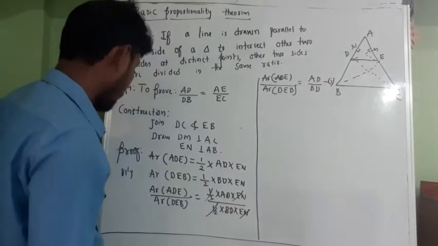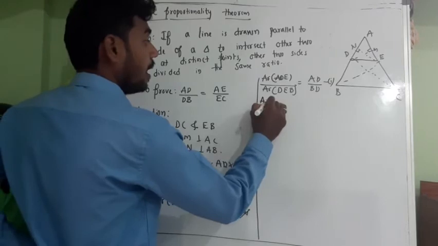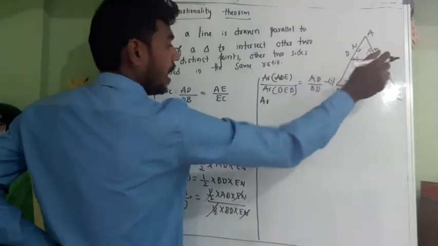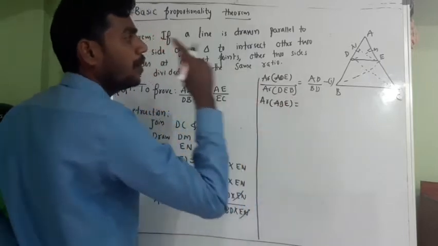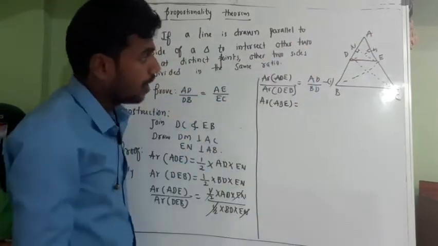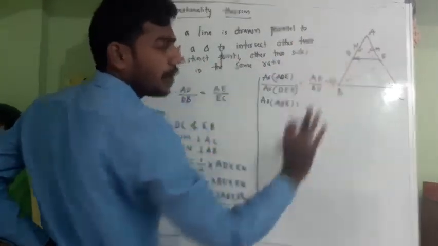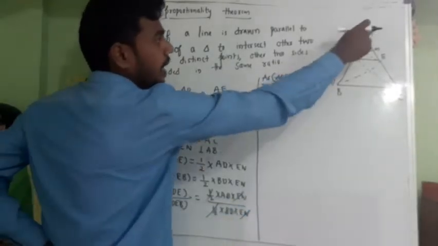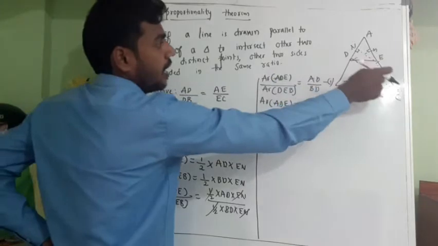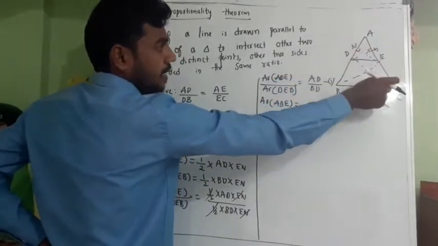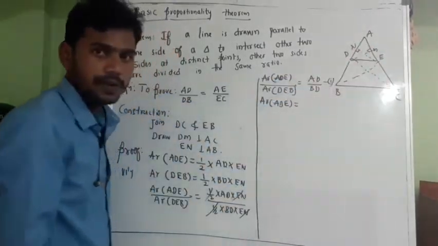Next, similarly, area of triangle ADE. In this, I am going to consider AE as a base. If I consider AE as a base, DM will be the altitude. For triangle ADC, DM will be the altitude.